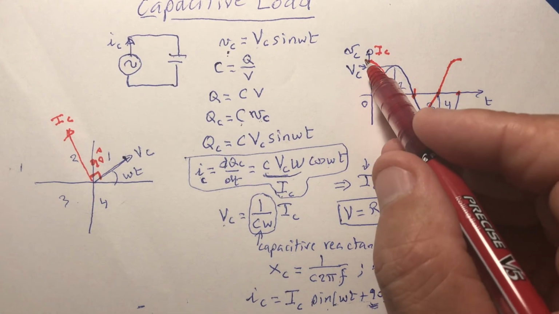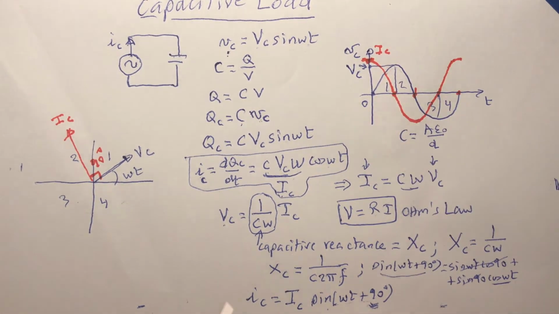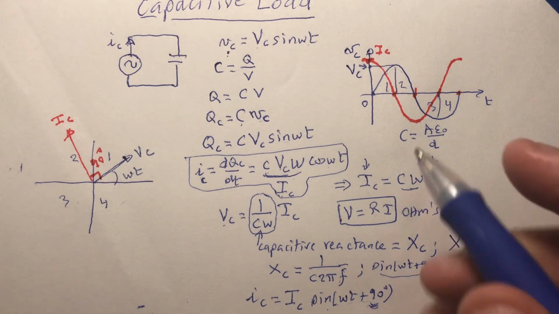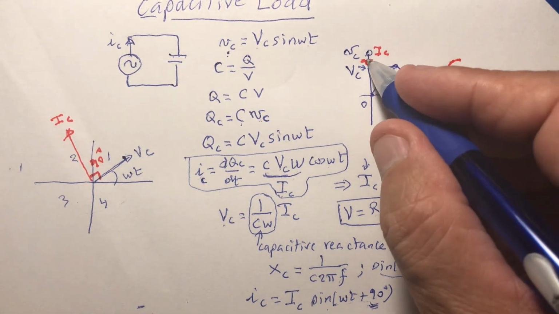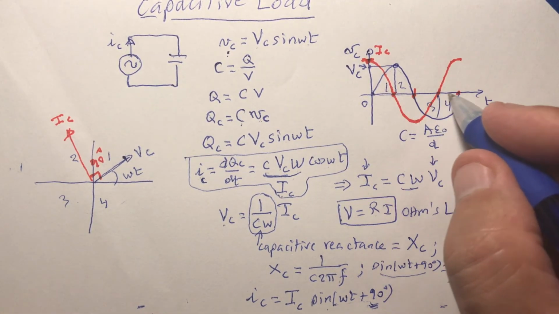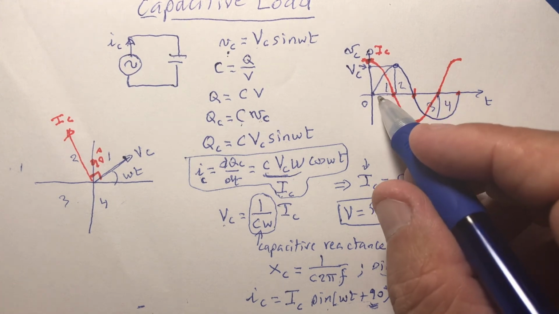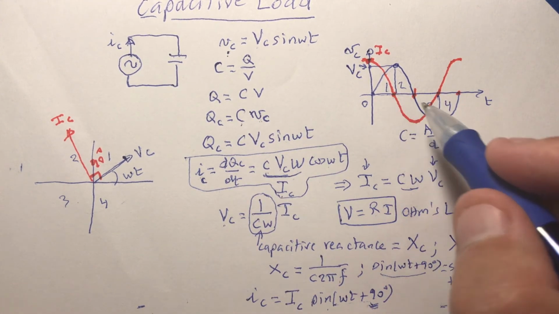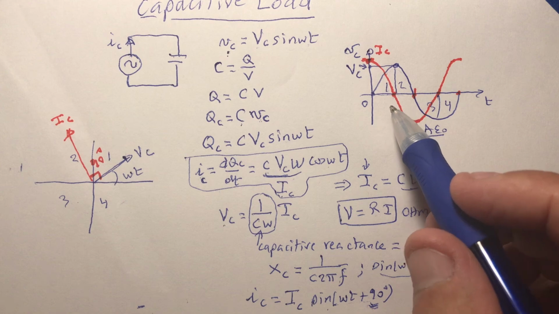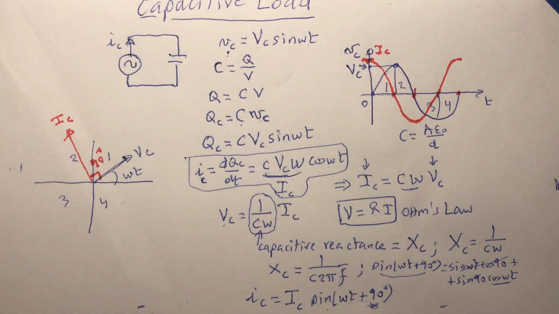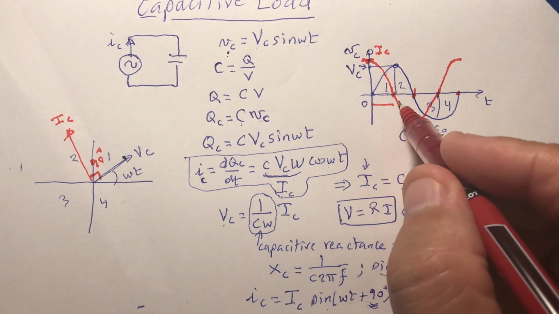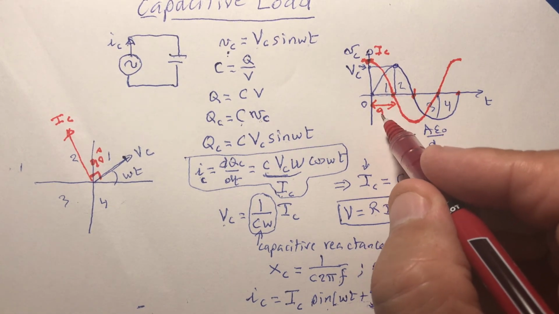So look at the peak of the current and look at the peak of the voltage. Look at the time here, they are not at the same time. They don't come to the capacitor at the same time. They come at different times. There is a phase difference of 90 degrees. So this is 90.